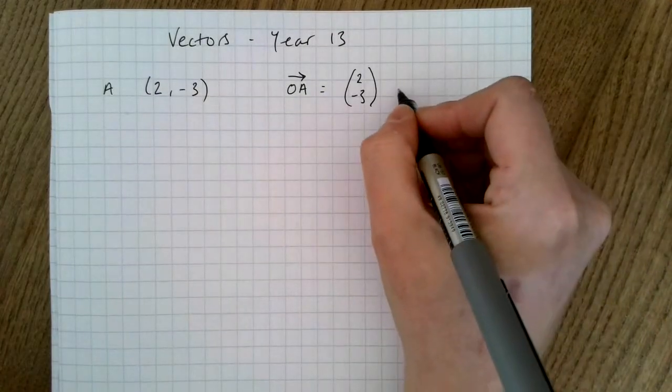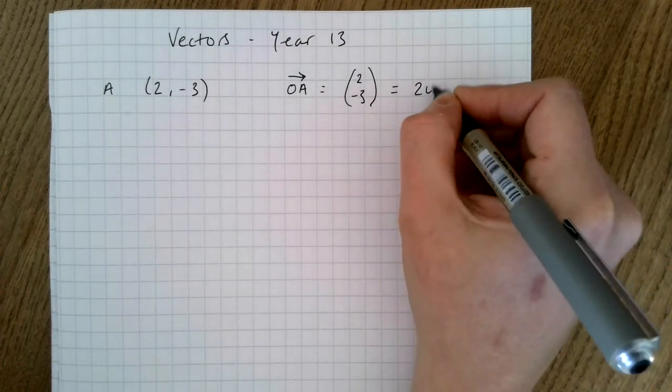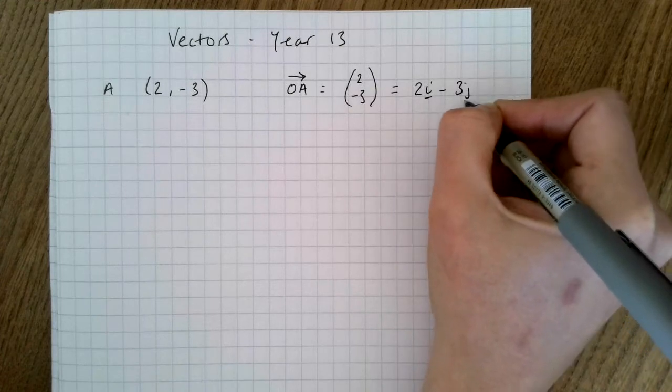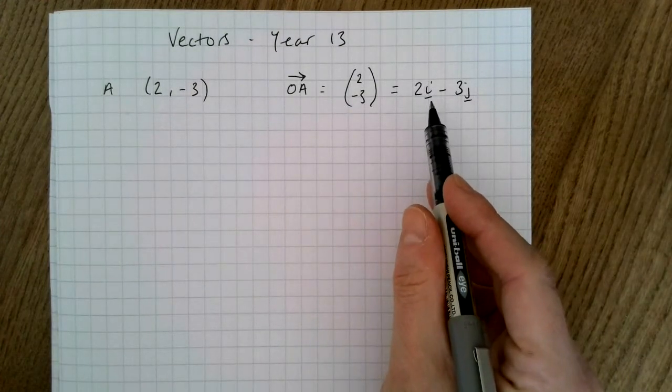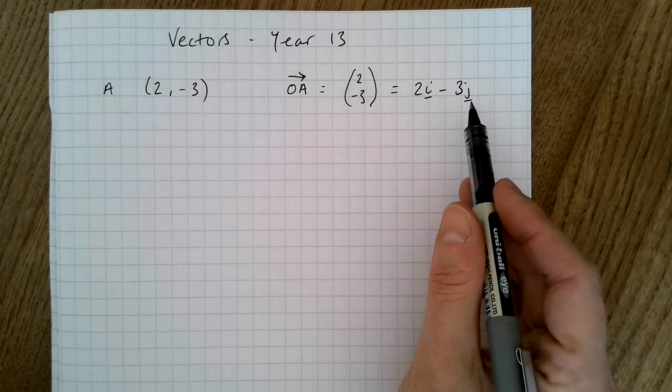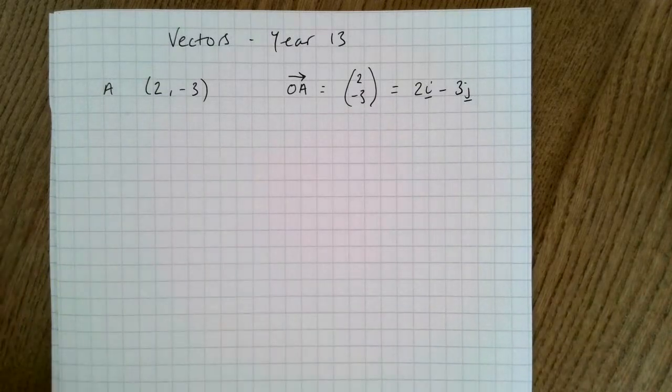The other way that we could write that is using unit vector notation, and that's 2i minus 3j. Using unit vectors, i is 1 unit in the x direction, j is 1 unit in the y direction. So 2 across, 3 down.